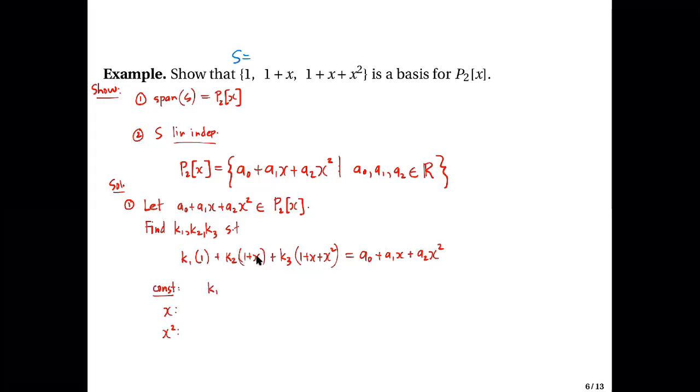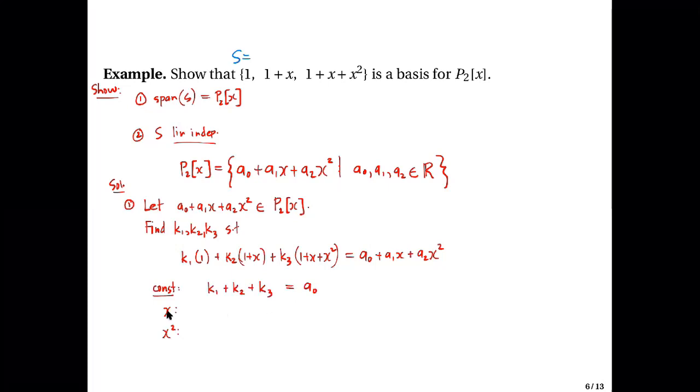Then here you have 1 plus x, so the constant part is 1 times k2. And here, the constant part times k3, so you have plus k3. And the constant part on the other side is a0.